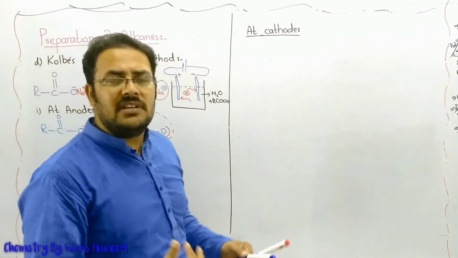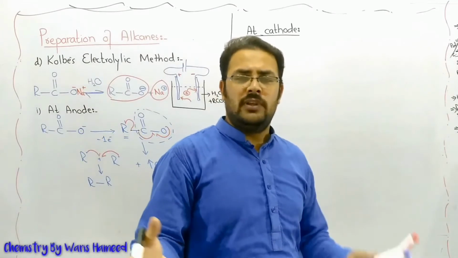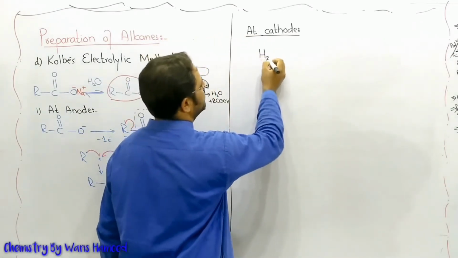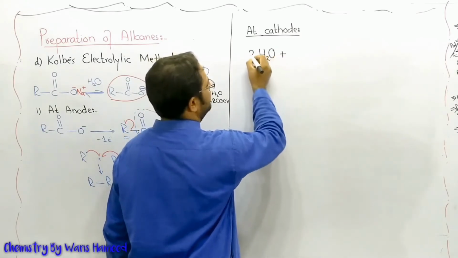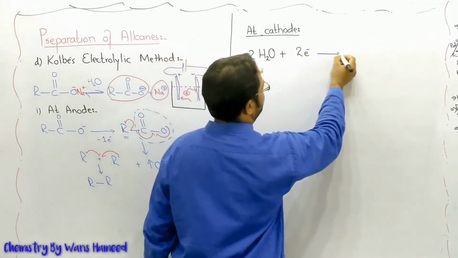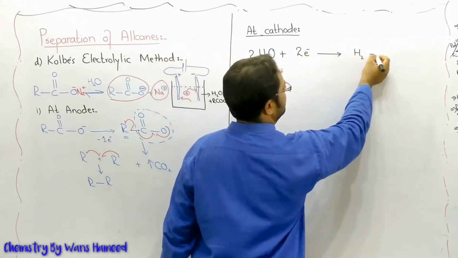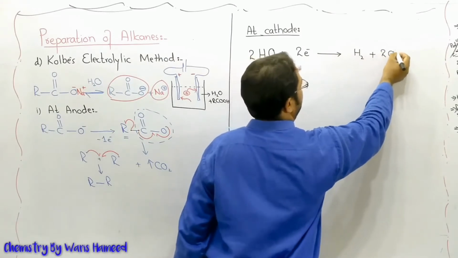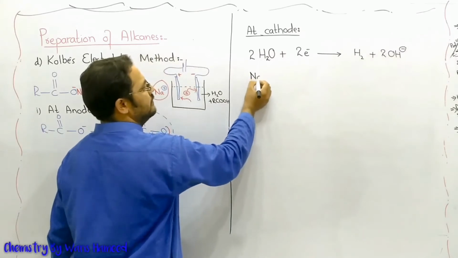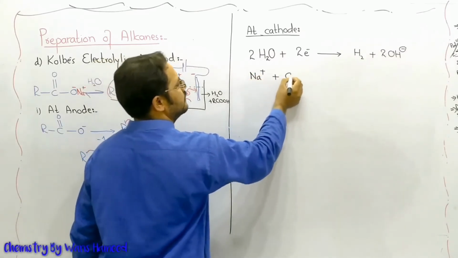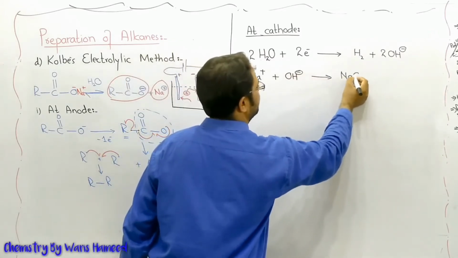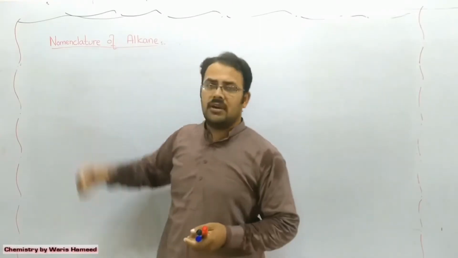When water molecules come in contact with cathode, water molecule will gain 2 electrons and convert into hydrogen gas and hydroxyl group. This hydroxyl group will combine with sodium and convert into sodium hydroxide.